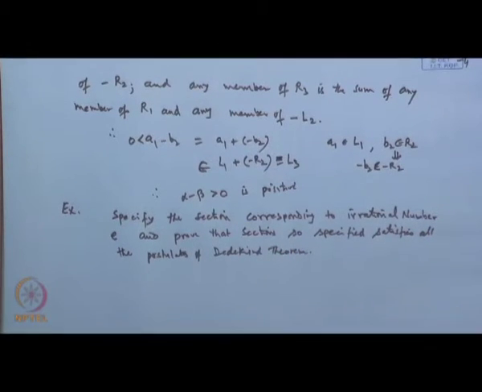Okay. Because there are three postulates in Dedekind's theorem. What are they? That we can divide the real number system into two classes, lower and upper class, and each class is non-empty.